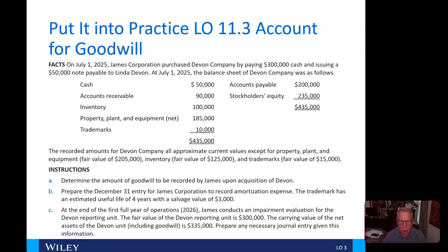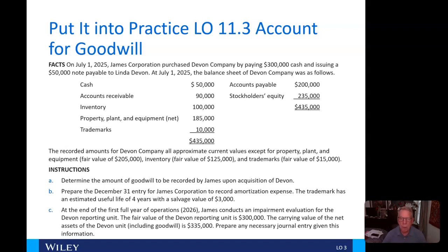The fair value of the Devon reporting unit is $300,000. The carrying value of the net assets, including goodwill, is $335,000. We'll need to prepare the necessary journal entries given that information.